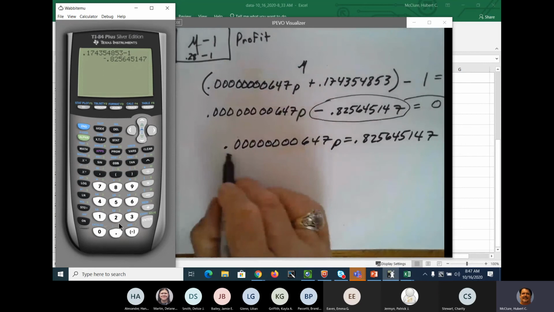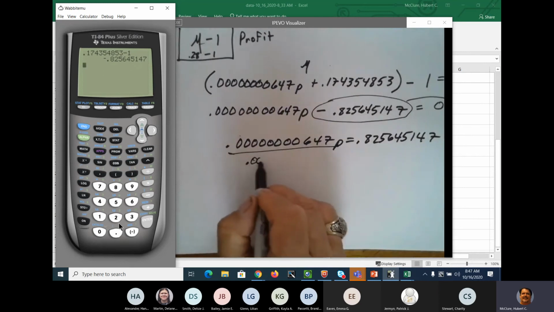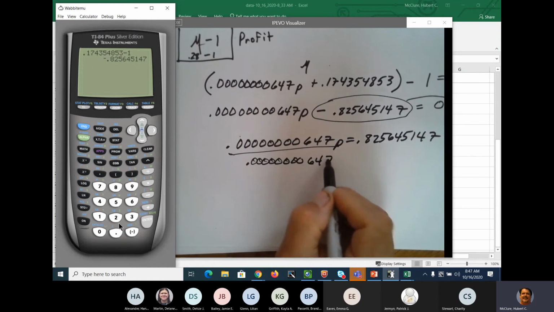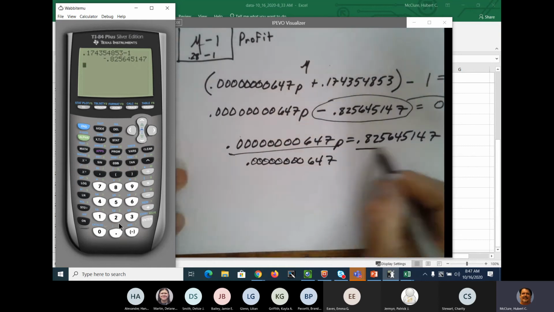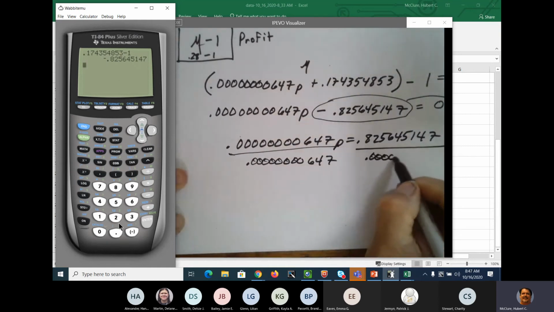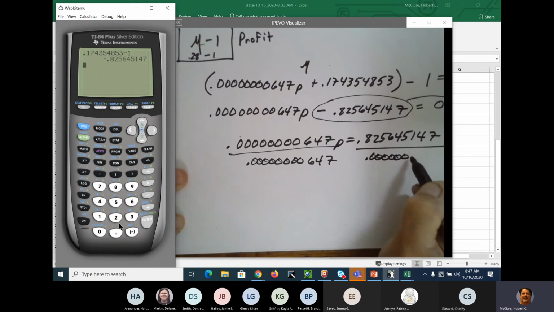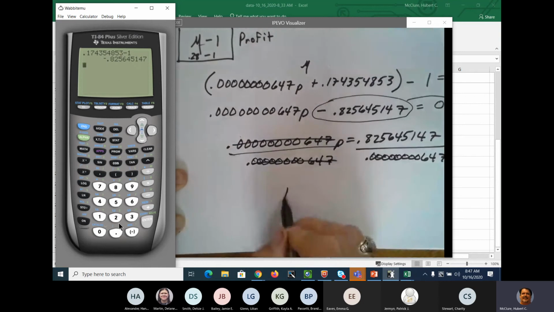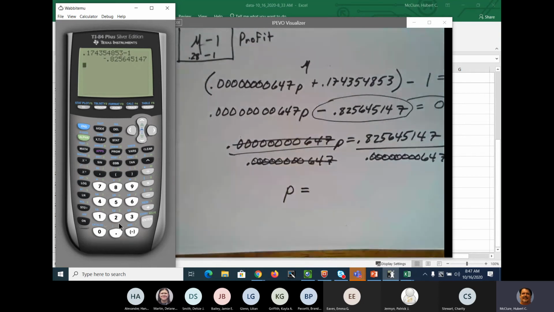And then I'm going to divide by 0.00000000647 on both sides.